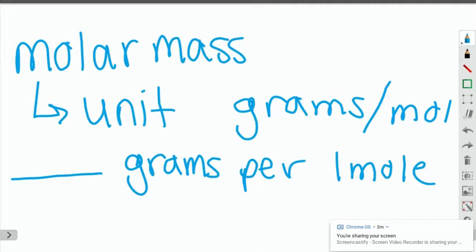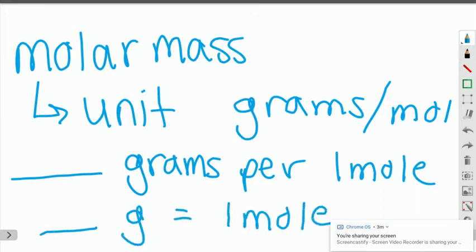And this will help us out because we can do conversions just like we did in the past class. In the past class, I had 1 mole is equal to 6.02 times 10 to the 23rd particles. This time, we're going to have however many grams equals 1 mole. So then we can easily do the conversion if the question is asking us to go from grams to moles, which is helpful when figuring out how many moles you need of a substance.